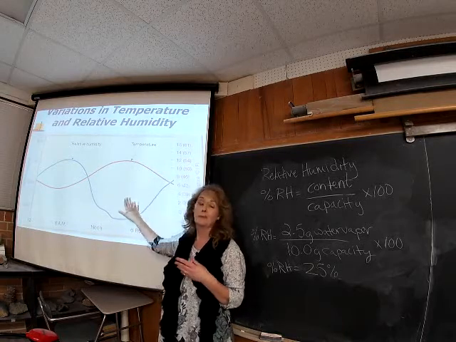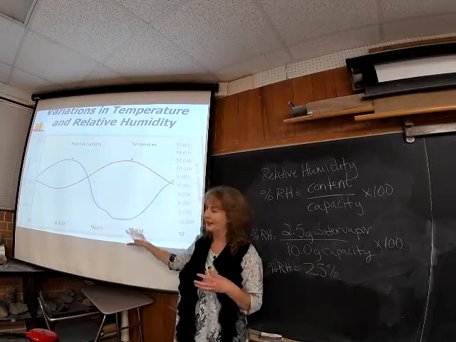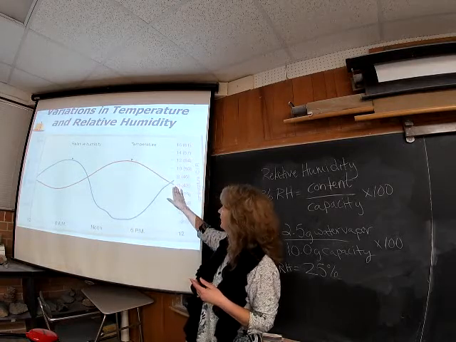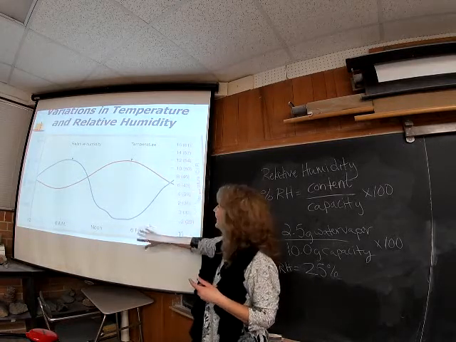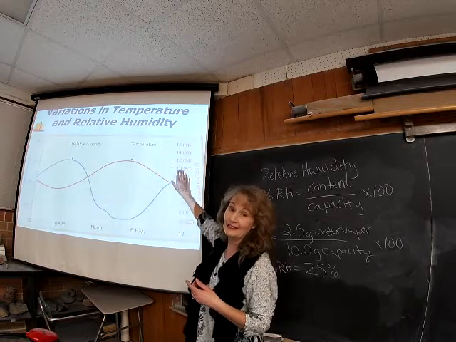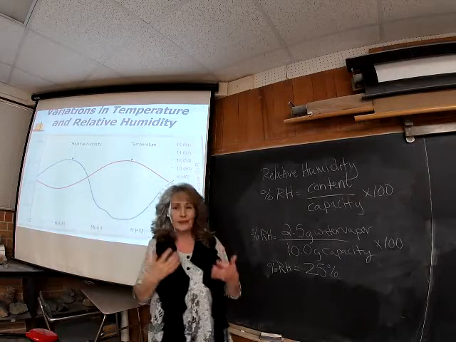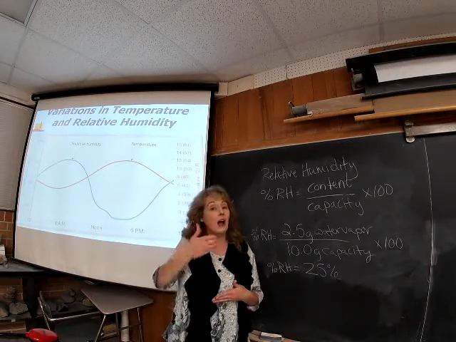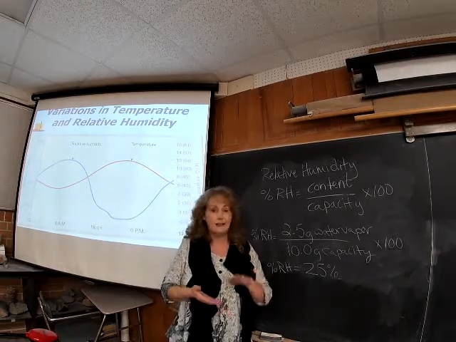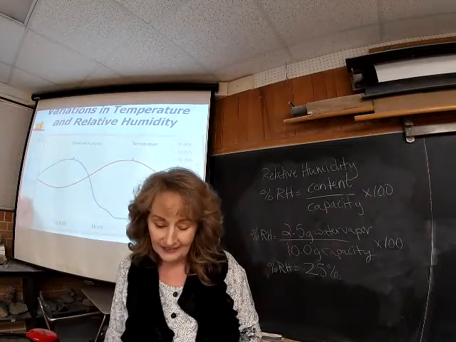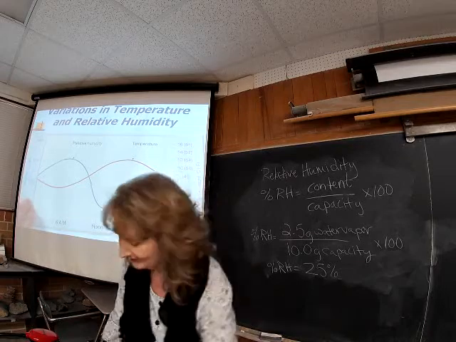Temperature goes up, relative humidity goes down, right? And then, of course, overnight, as the temperatures are going down, relative humidity is increasing. So that just before sunrise there, you've got your lowest temperatures and your highest humidity. Definitely an inverse relationship happening here in this scenario.